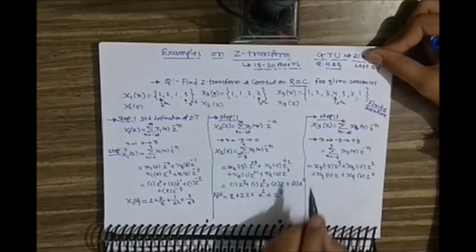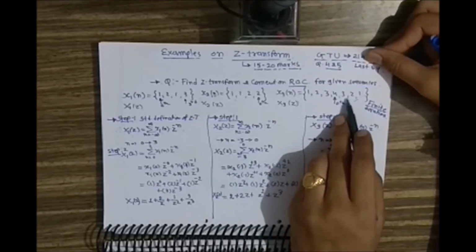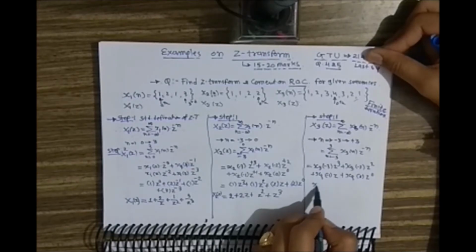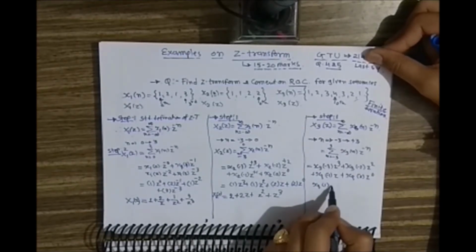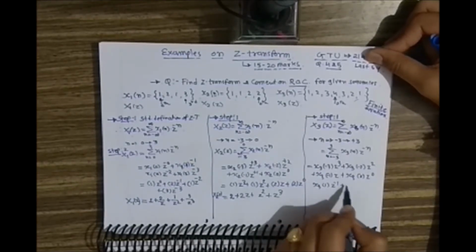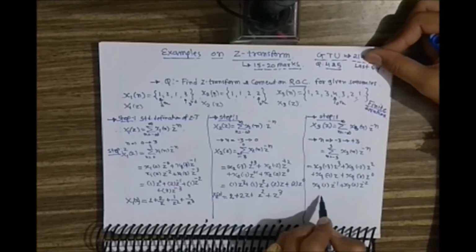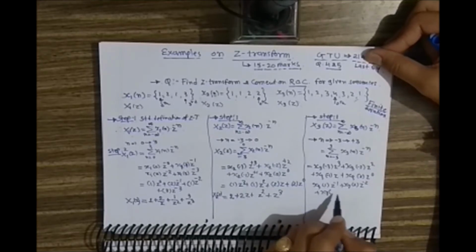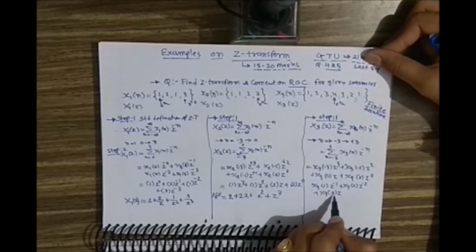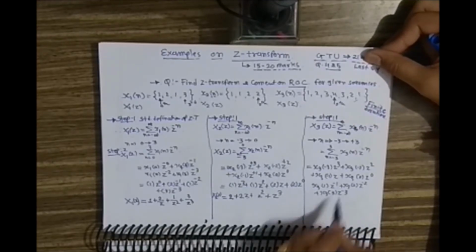Then for the positive values of n, we have x3 of plus 1 z raised to minus 1 plus x3 of plus 2 z raised to minus 2 plus x3 of 3, the final sample, z raised to minus 3.